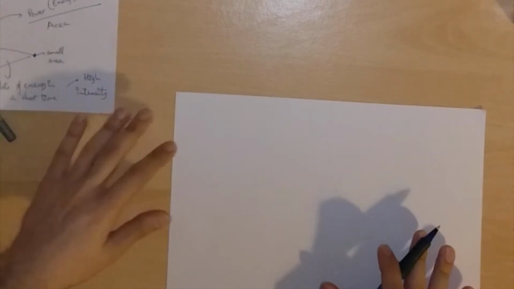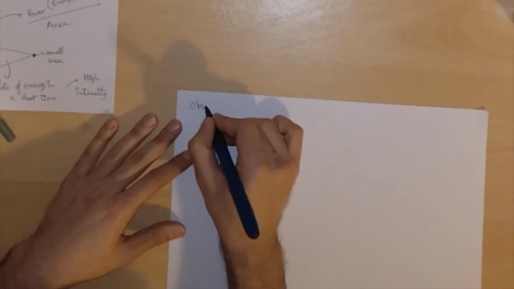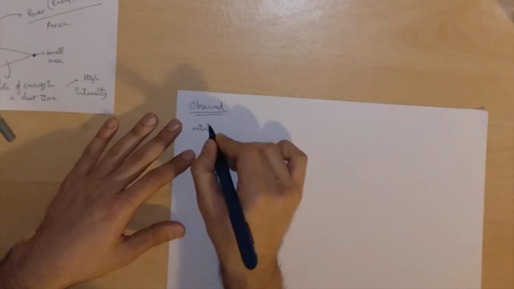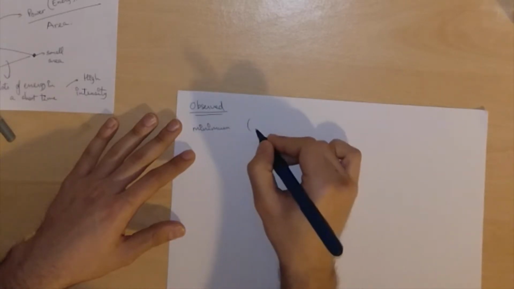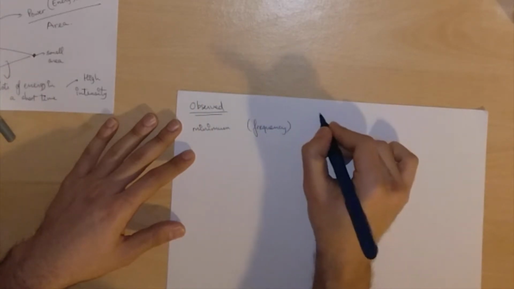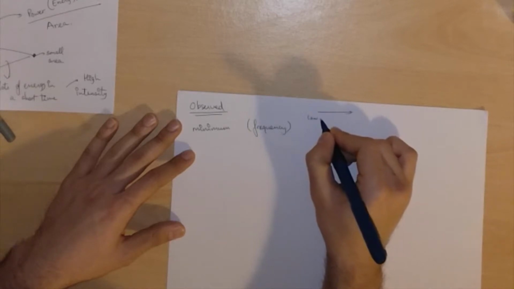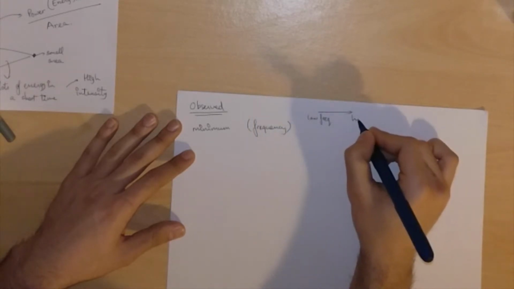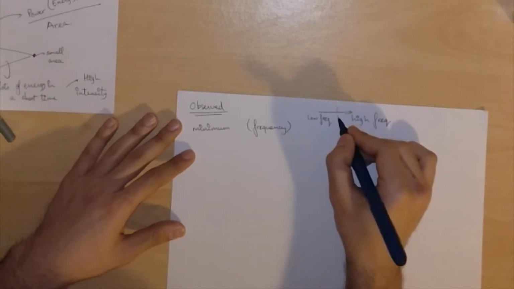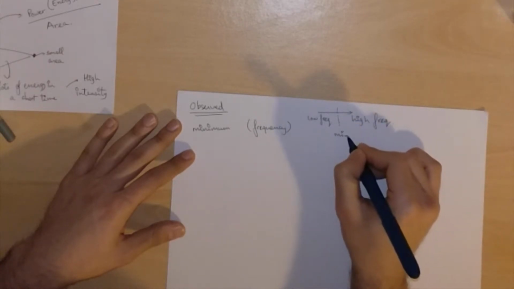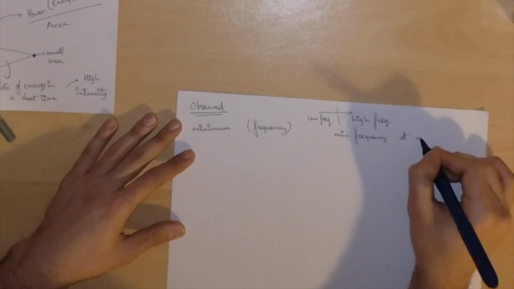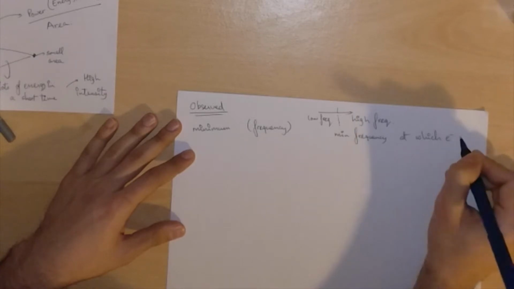So, interestingly, what they observed is, firstly, you need a minimum frequency. So if you start increasing frequency, so you start at low frequency, high frequency, no matter what the intensity is, you always have a minimum frequency at which electrons are ejected.